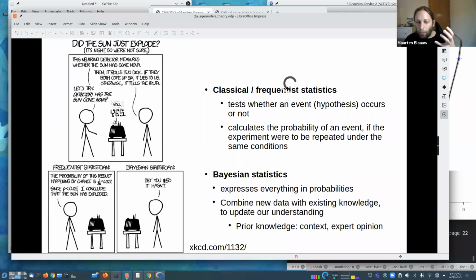It is a way to combine new data with existing knowledge, so it is a way to update our understanding. So we have prior knowledge, and this understanding could be based on context and on expert opinion. Sounds all quite vague, but I hope it will become clearer later.